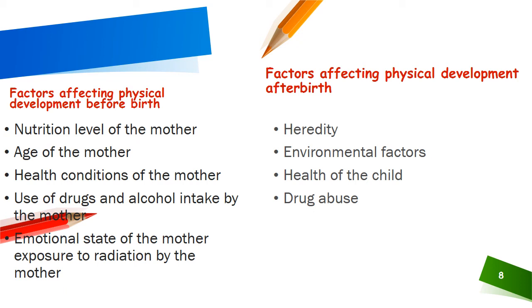Then the health condition of the child, a sickly child may not develop at the same level as a healthy child. So the health of the child also plays an important role. A child who is always sick cannot develop at the same level as others.